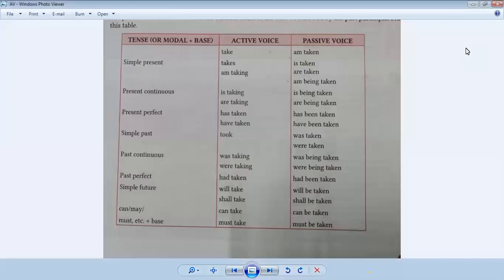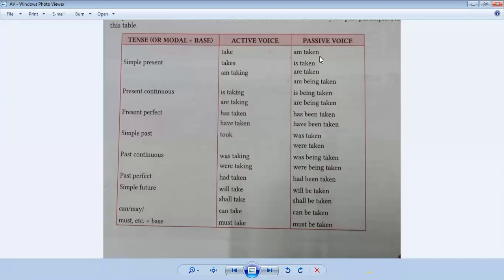With plural subjects, you will have take, and with third person singular subject, you will have takes. This will be the form of the sentence in active voice. For example, I take gifts.